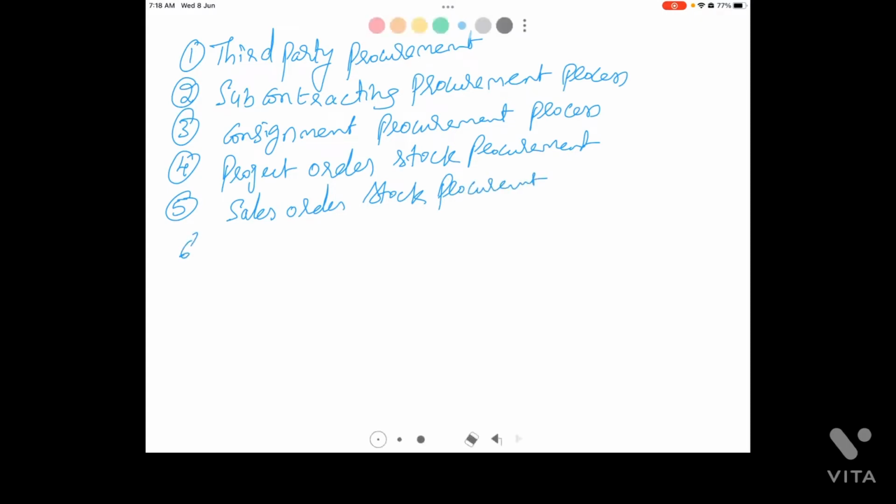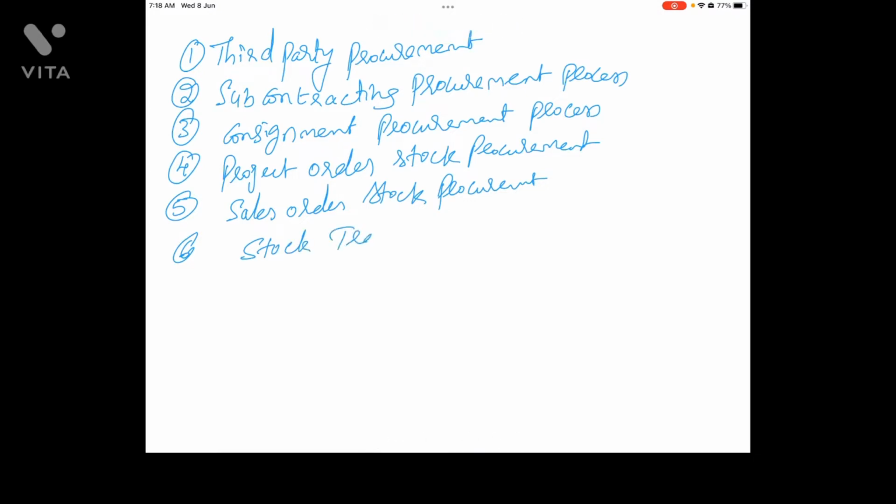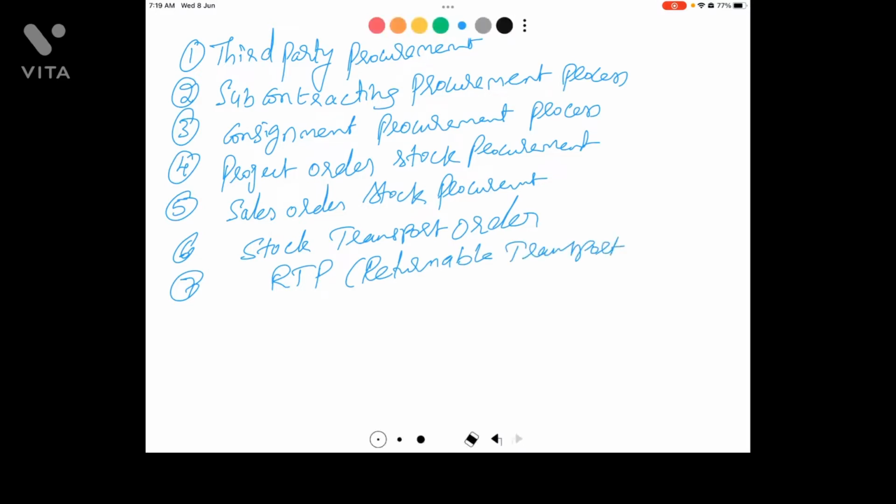Okay, and the sixth one is stock transport order. Okay, and RTP, returnable transport packaging.